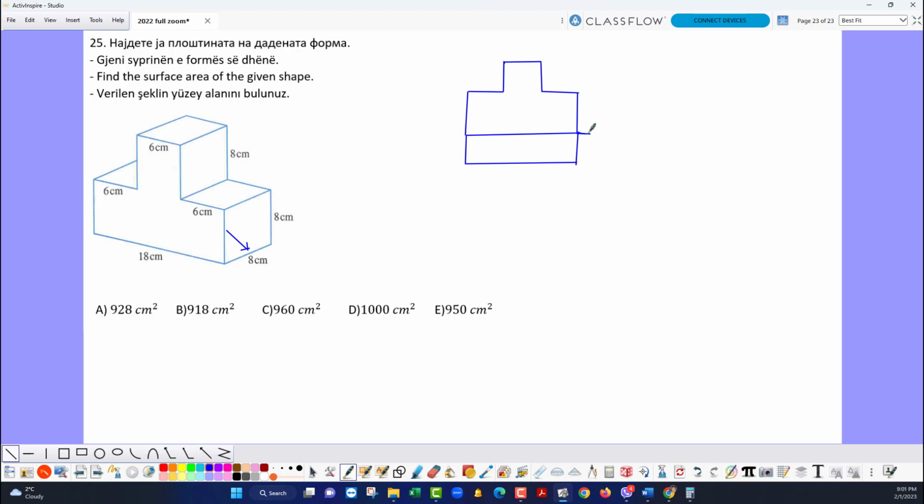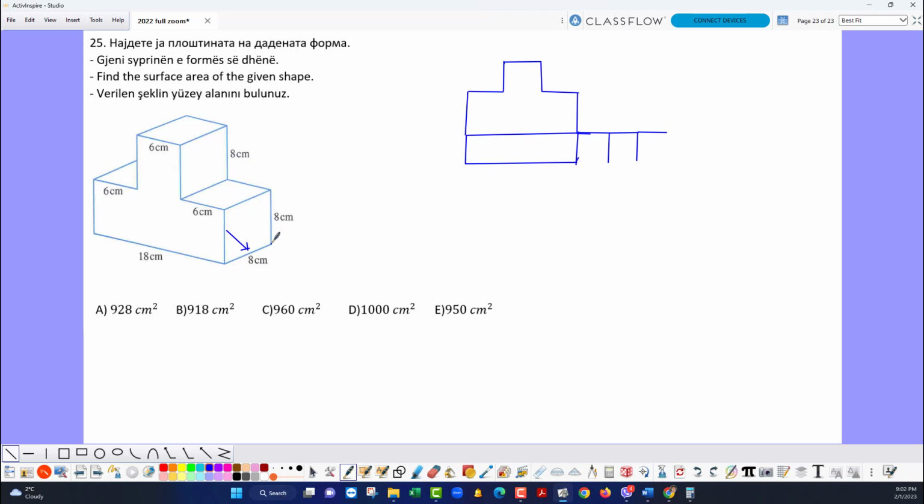So here, if I continue, this is 8. If this is 8, then I'm talking about this length. This is 8. Then this is going to come, and it's going to be 6. Then 8 again.